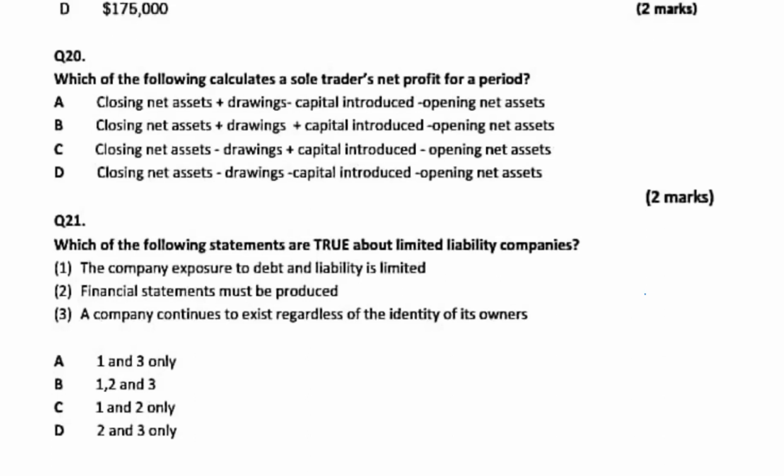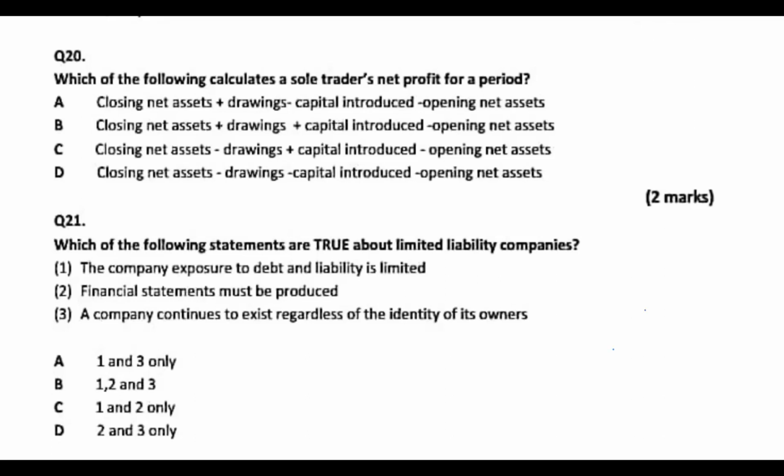Let me show you something, so that we can be reasoning together. Okay, the difference between the net assets, when you do closing net assets minus the opening net assets, you just have that difference in the net assets, right? This is just an accounting equation that you know.